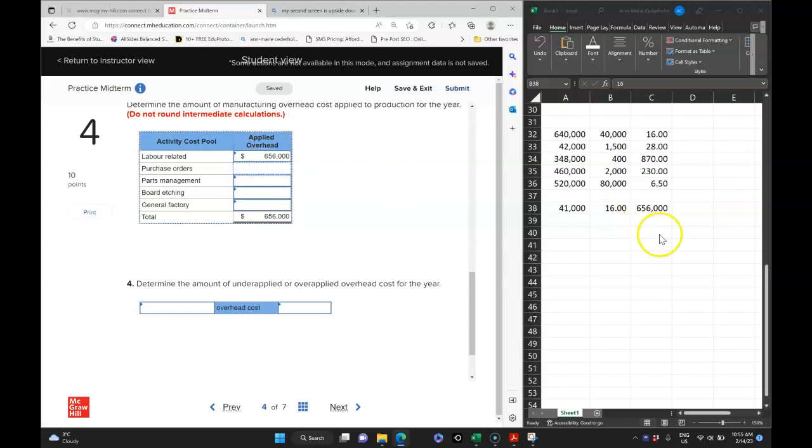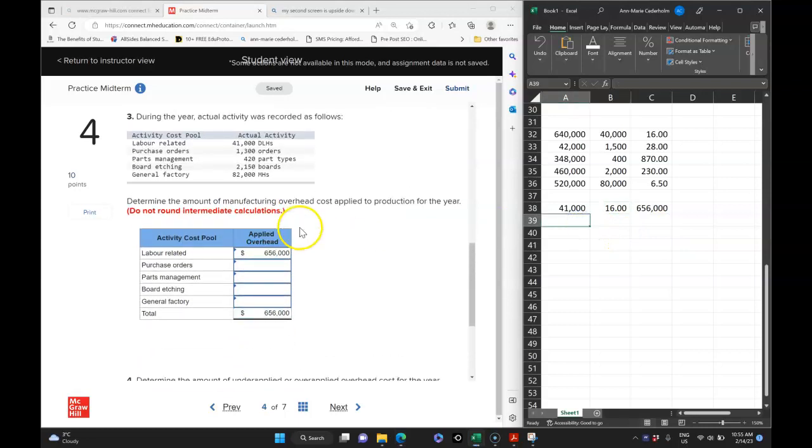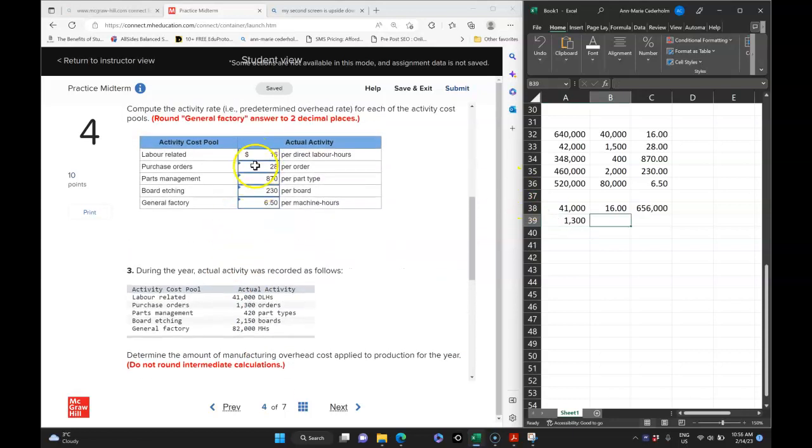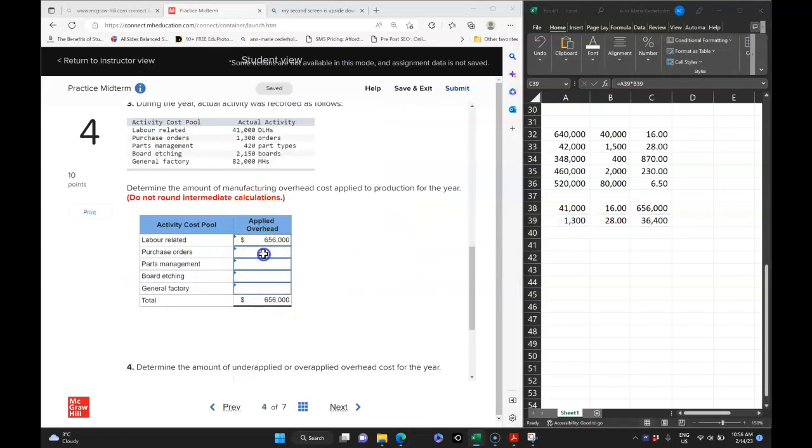Then my purchase orders, my actual purchase orders were 1,300. And then I'm going to multiply that by my predetermined overhead rate for purchase orders, which is the 28. So I have it calculated right up there. So 1,300 times 28 means I'm going to allocate 36,400 of applied overhead to purchase orders.